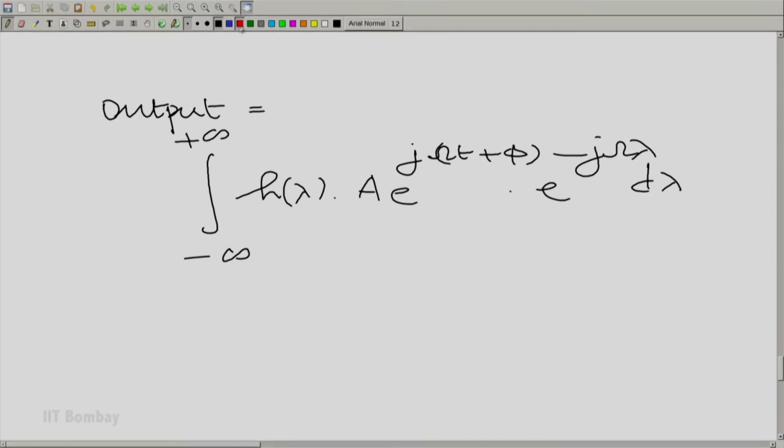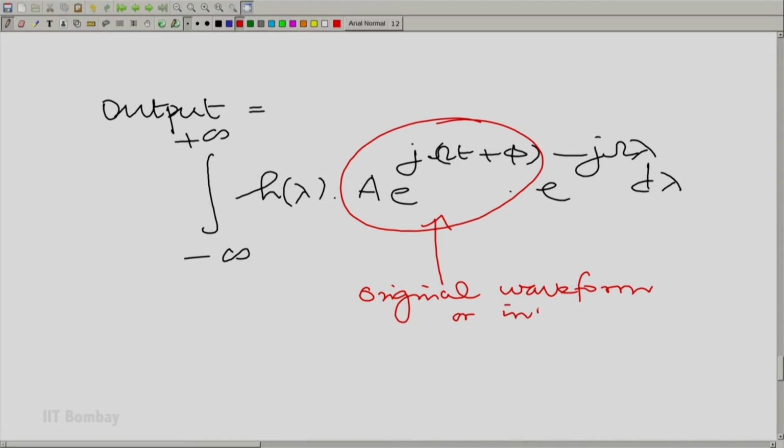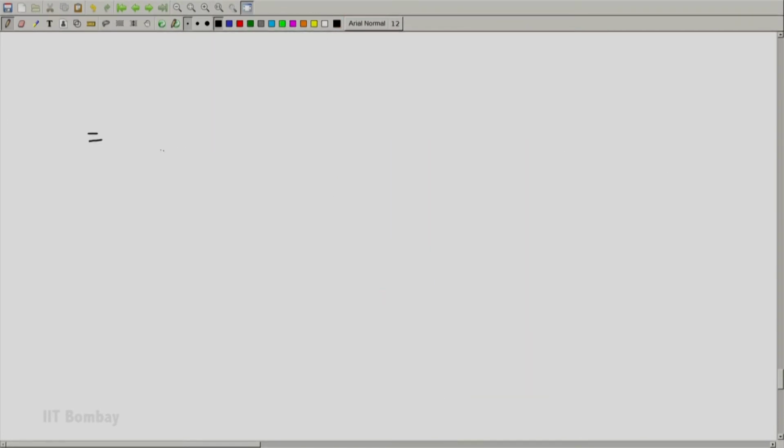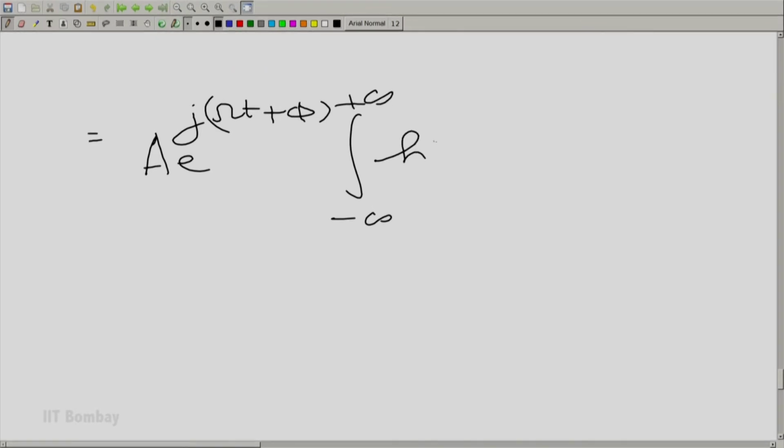So, the beauty is that you have essentially the original waveform coming into the picture once again for the input, and the integral, independent of lambda, can come out. So, that gives us a e raised to the power j(omega t plus phi) times the integral from minus infinity to plus infinity of h(lambda) e raised to the power minus j omega lambda d lambda.